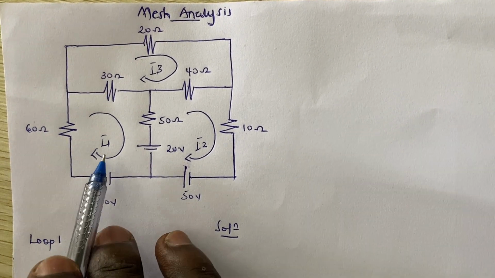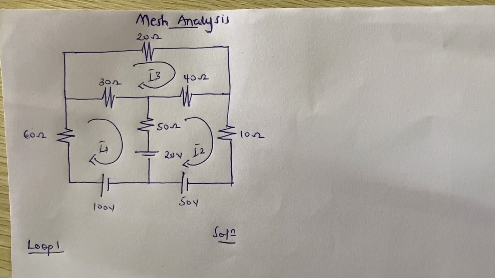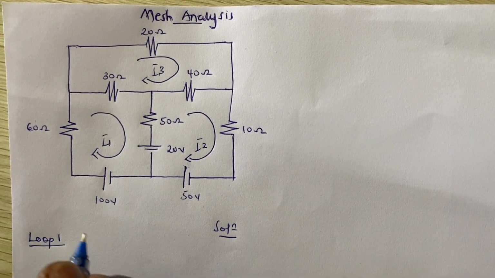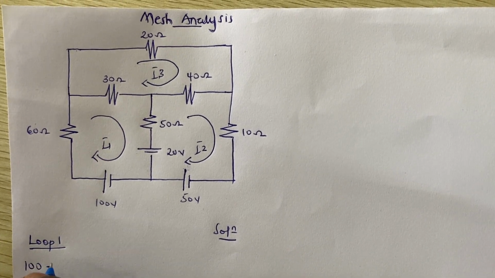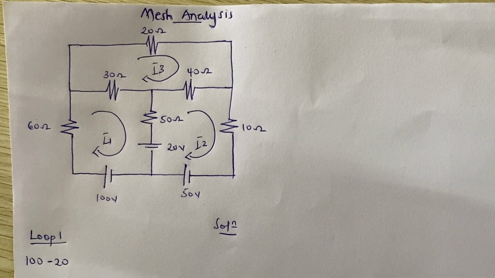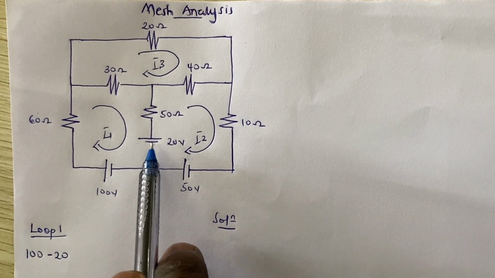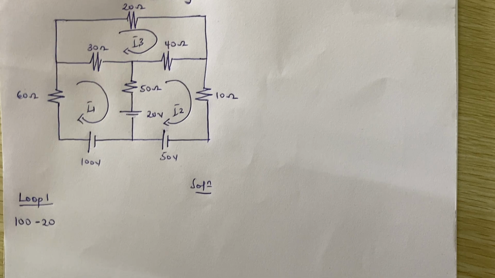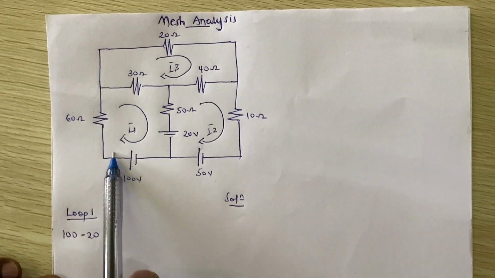So taking into consideration loop 1, like I said earlier, we have 100 volts here minus 20, right? So this is a current producing element, this is also a current producing element, and when you go through it using your current, it means that this 100 volts is going to produce current this way, right?